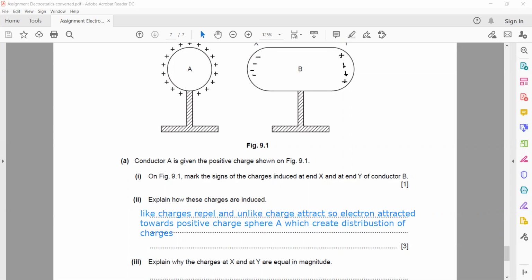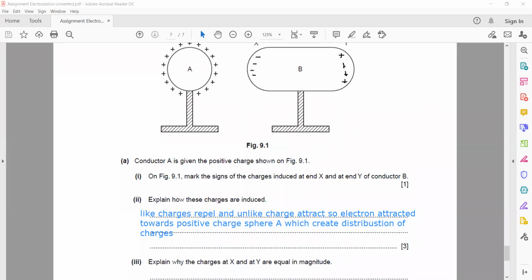What's the reason? Because originally it is neutral.